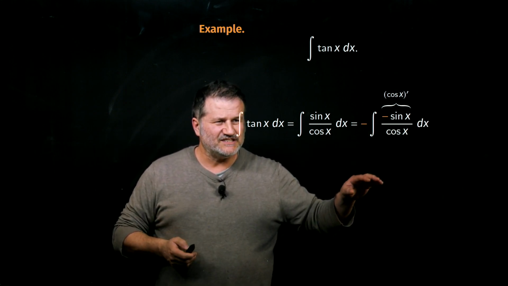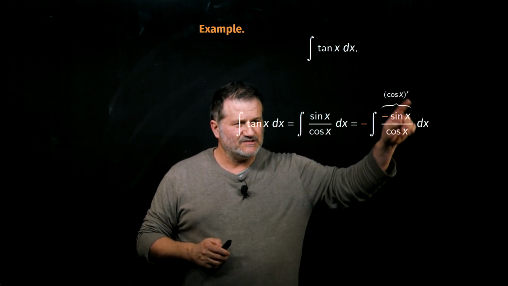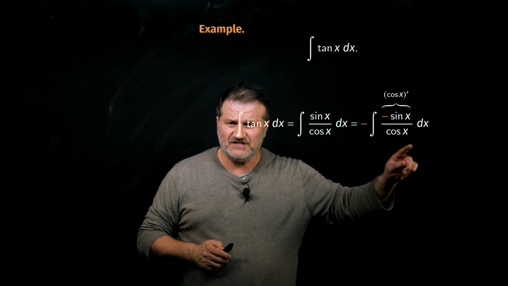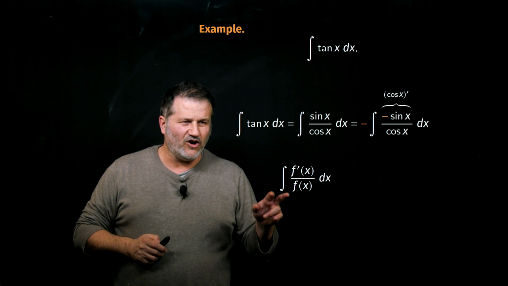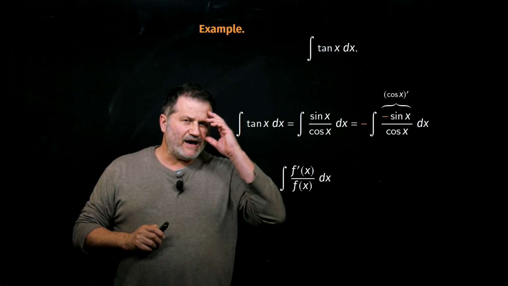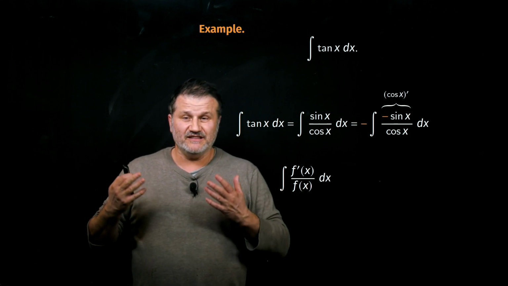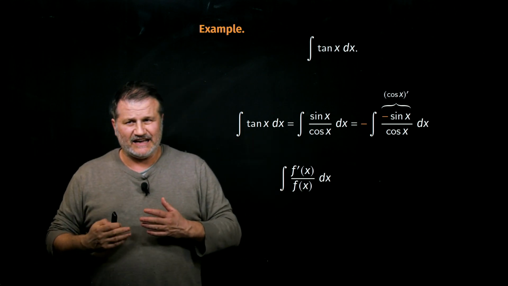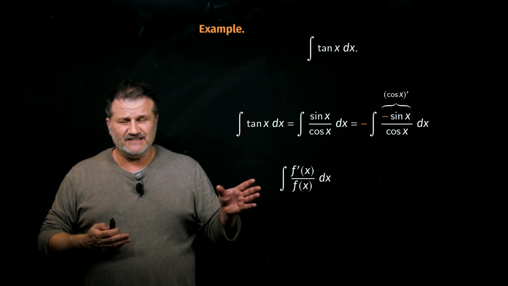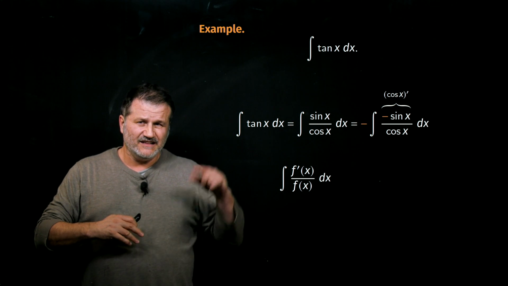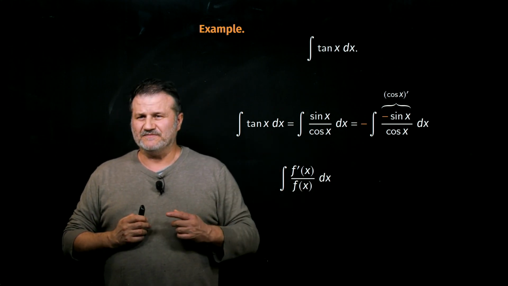So now we have this structure. Minus primitive of minus sine x, which is the derivative of cos x, which is the denominator. This is a very particular structure, f prime over f. Now, if we think about where this could come from, this comes from differentiating log of f(x) when f(x) is positive, because if you differentiate log f(x), you get 1 over f(x) times the derivative of the argument, f prime of x, which is exactly this fraction.